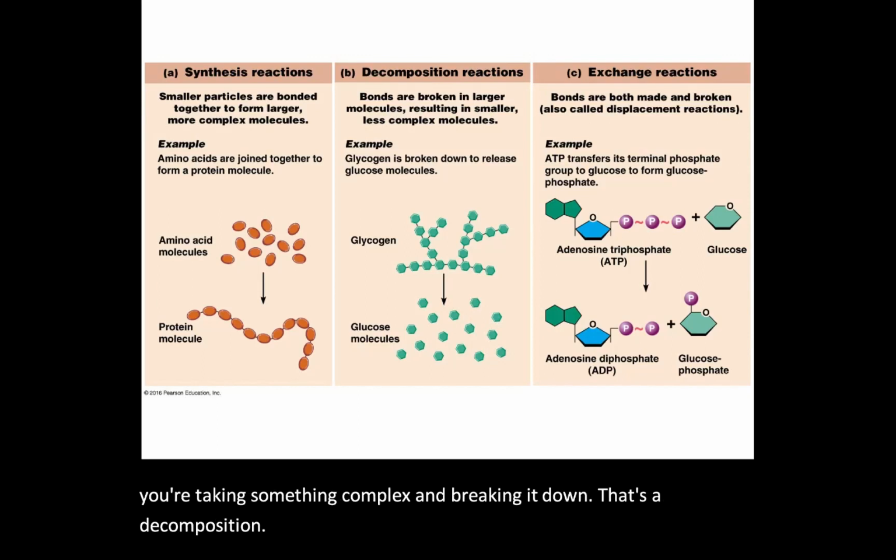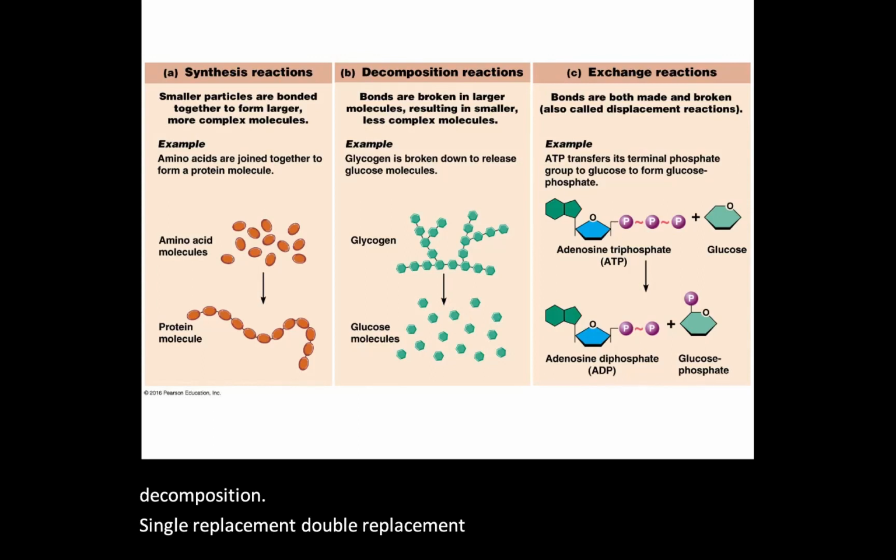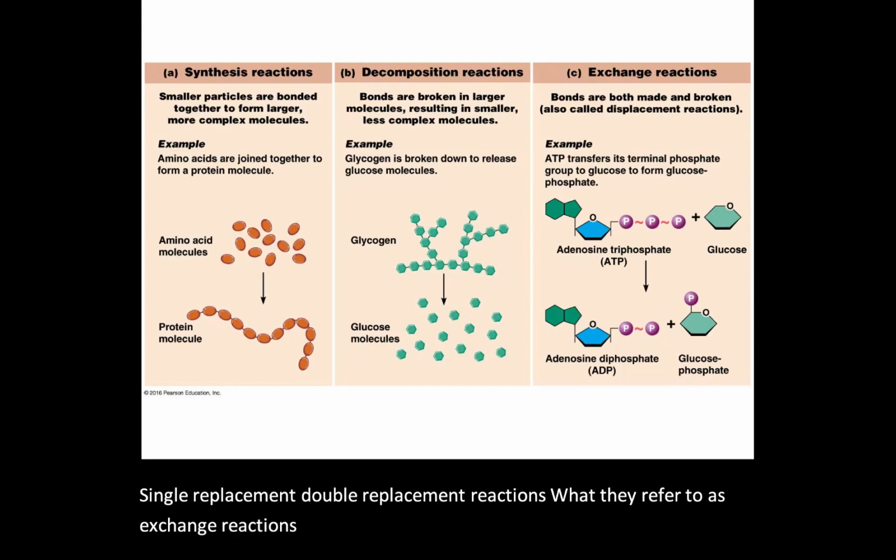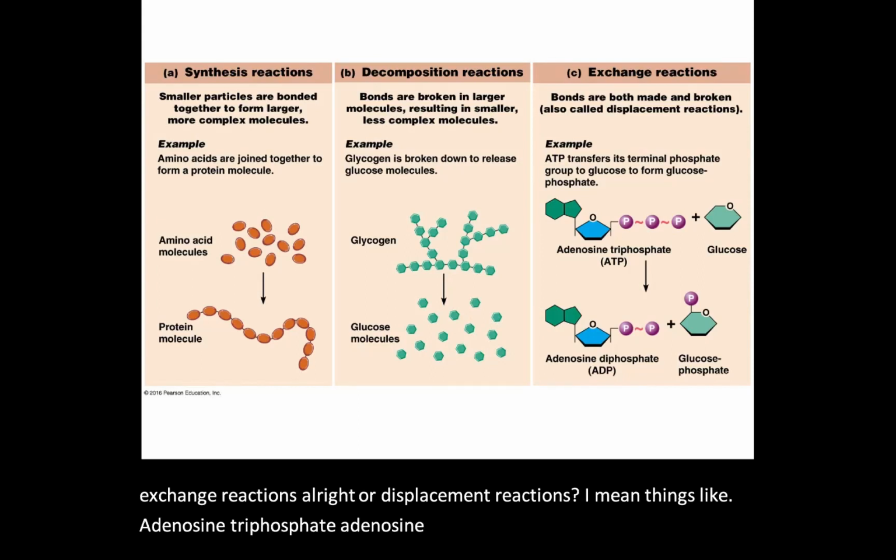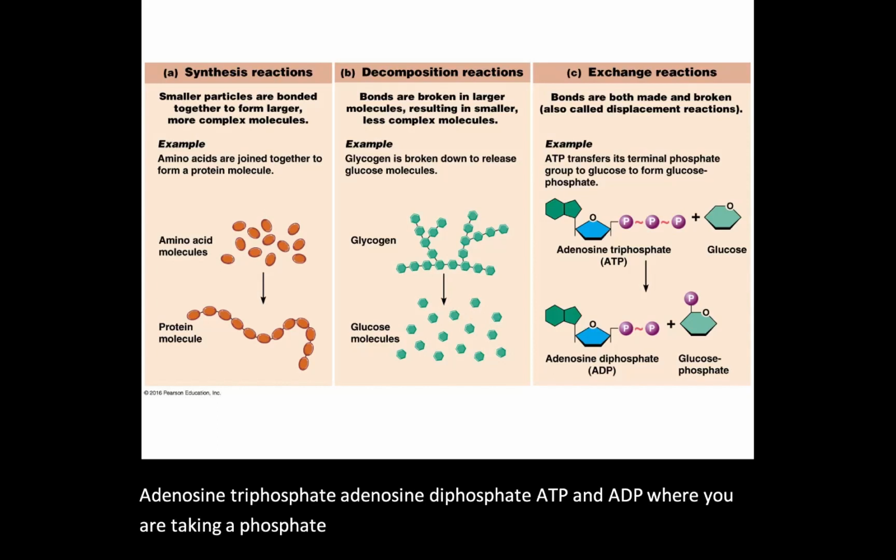Single replacement and double replacement reactions, what they refer to as exchange reactions, or displacement reactions. Right? Things like adenosine triphosphate and adenosine diphosphate, ATP and ADP, where you are taking a phosphate group maybe from ATP and you're adding it onto glucose.